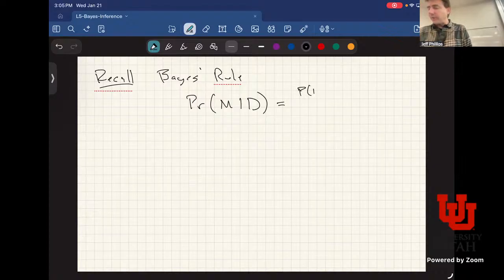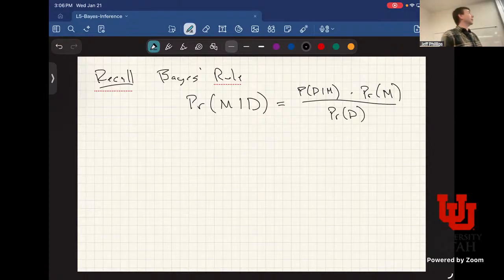We can write the probability of the data given the model, and this one is nice because we can compute it. Then the probability of the model, which is sometimes given to us, divided by the probability of the data. So this is Bayes' rule.